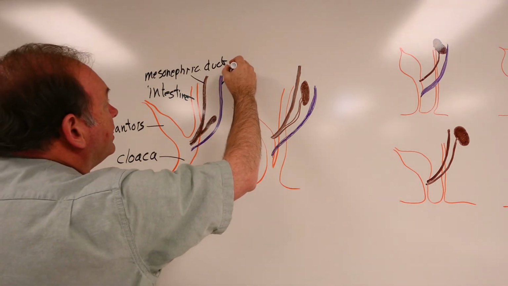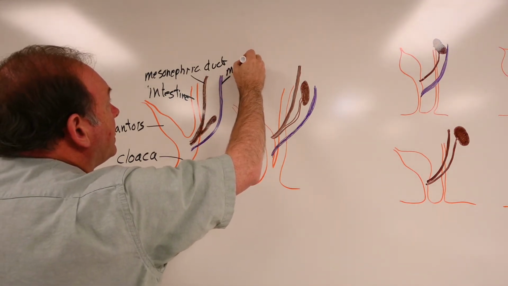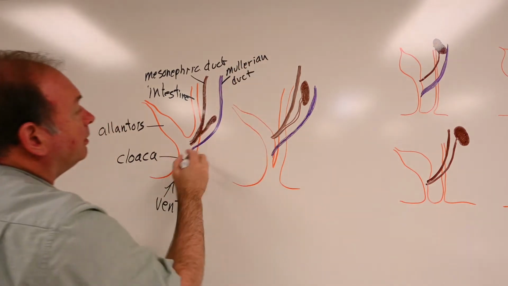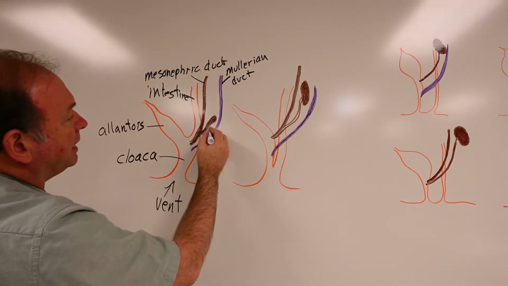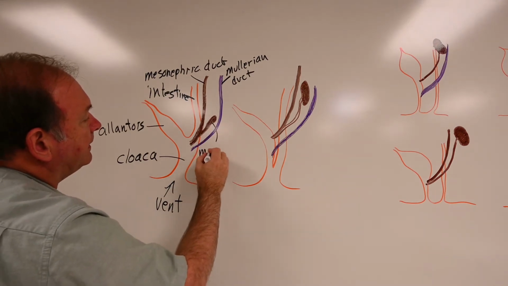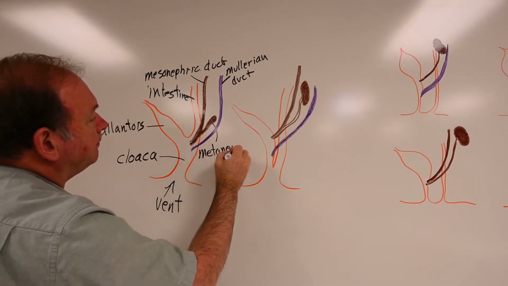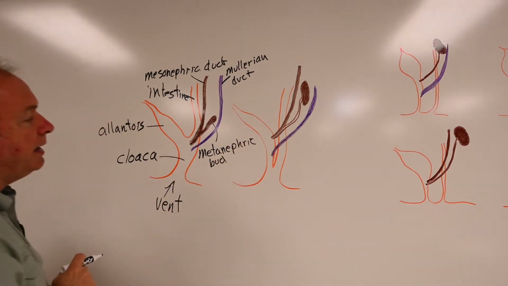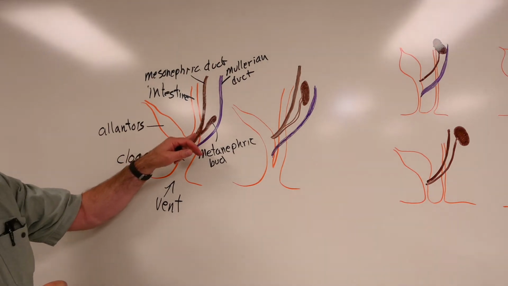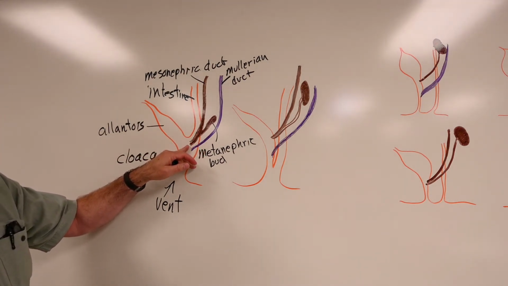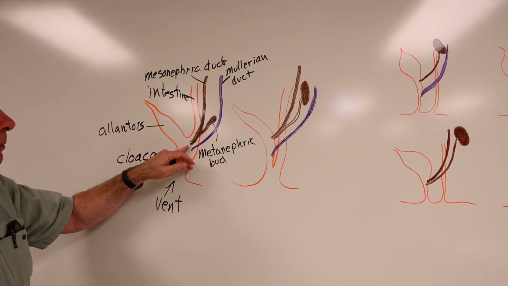Here's the Mullerian duct, in purple. Here's our metanephric bud right here. Let's see if I can write that in somewhere. The metanephric bud. Notice the metanephric bud is still connected to the mesonephric duct, and they both connect to the side of the cloaca here.